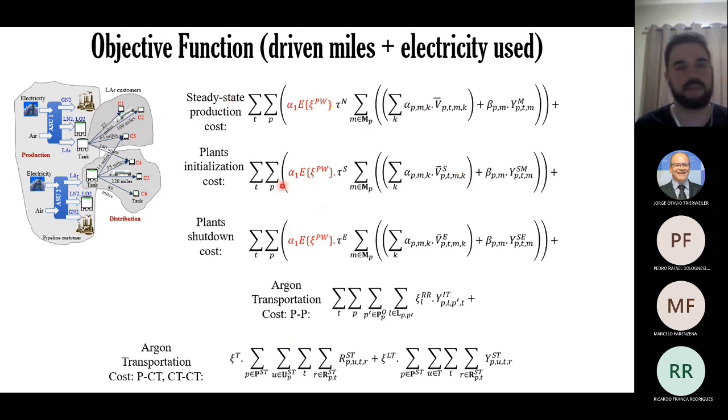This term is the plant's initialization cost and this term is the plant's shutdown cost. This term here is the argon transportation cost from plant to plant, the truck leaving one plant and going to another plant. And here is the argon transportation cost between plant and customer and customer and customer.